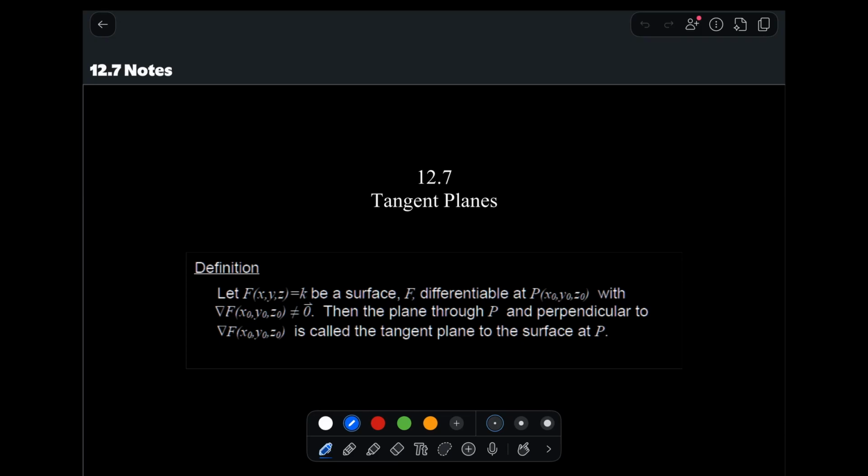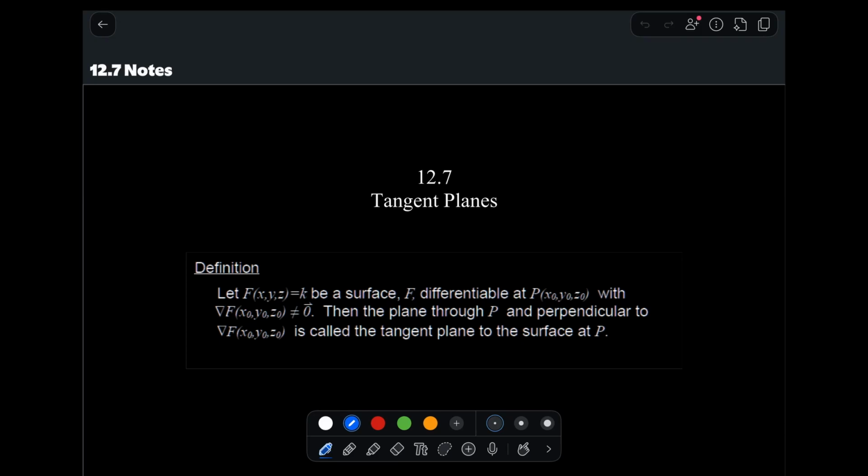So we have the definition of the tangent plane. So you have an implicitly defined function of three variables, x, y, and z, equaling k to be some surface. F is differentiable at some x naught, y naught, z naught, with the gradient not equaling 0, which means that you have a tangent vector at that point in space, right?